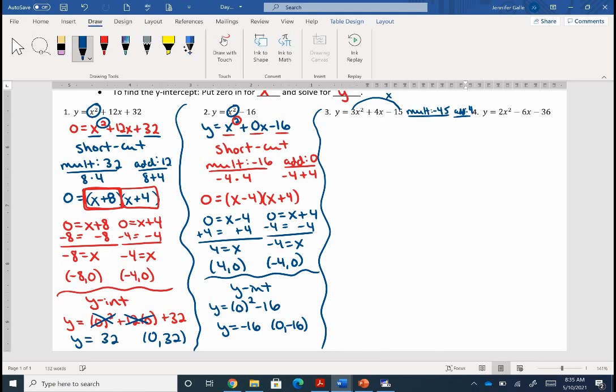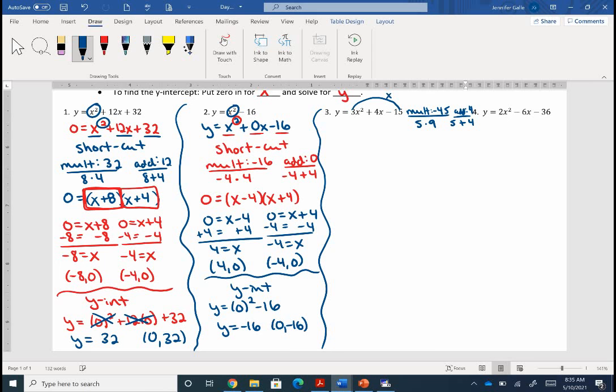So before I try to find my 2 magic numbers, I need to first of all multiply that number in front of the x squared times our constant, which doesn't have the x. So when I think of 45, guys, the first thing that comes to mind for me, 9 and 5. So let's see, 5 times 9, 9 times 5, whatever you want to do there.